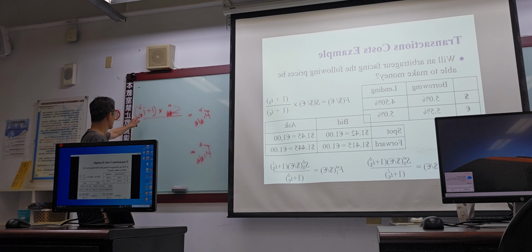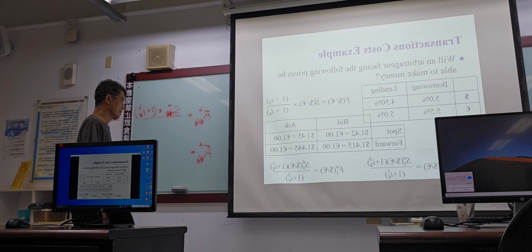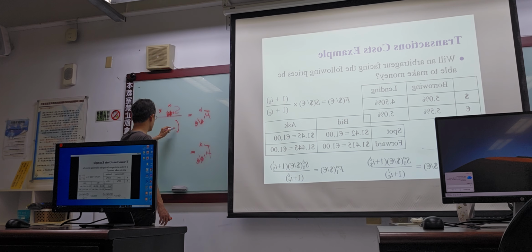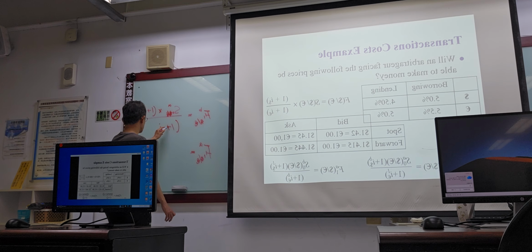Okay, so here is times by 1 plus US dollars borrowing rate, and it is divided by 1 plus euros lending rate.